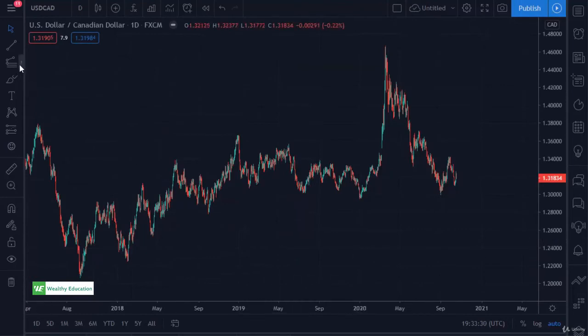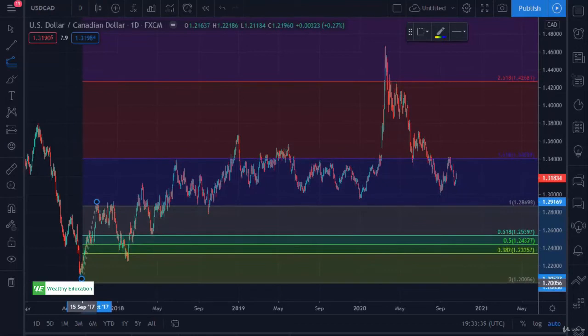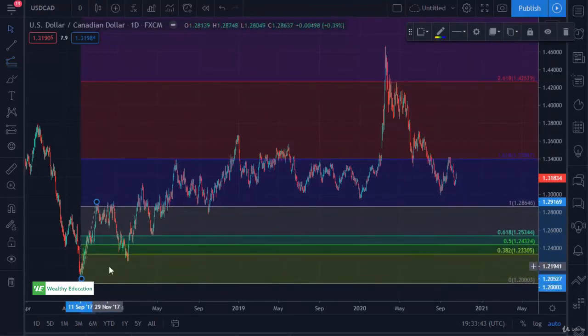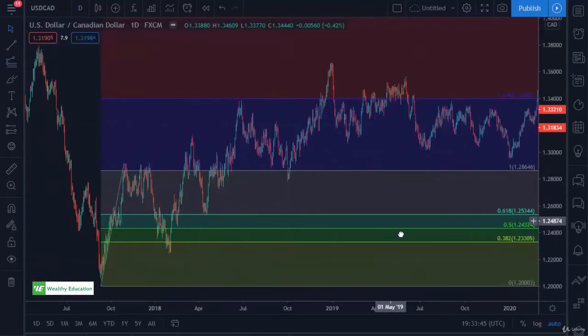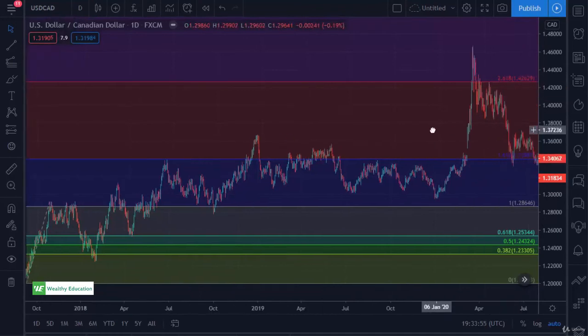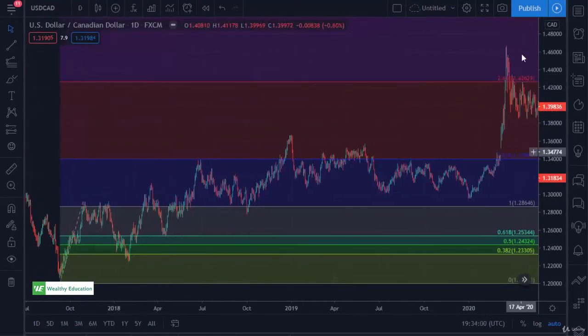Now there's multiple ones here, but let's go ahead and take a look at this one here, and you can see once we broke above here, we did pull back, but you can see we hit the 61.8 or 1.618. And then eventually 2.618, which was 2.5 years later.